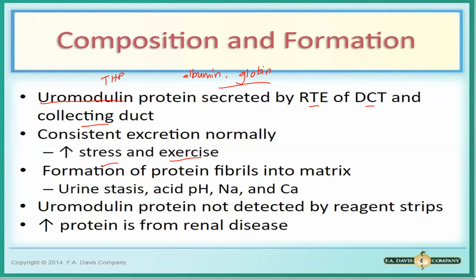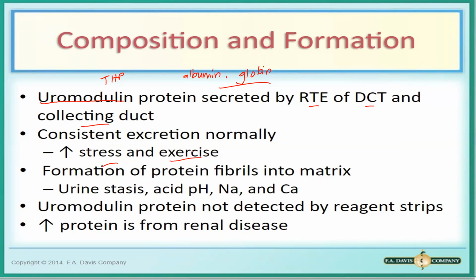Okay. Your Tamm-Horsfall protein is not detected by the reagent strip. Again, if you remember, albumin lang yung dinedetect ng reagent strip. However, other components of your casts could be albumin and globulin. Albumin yung dinedetect ng reagent pad ninyo.